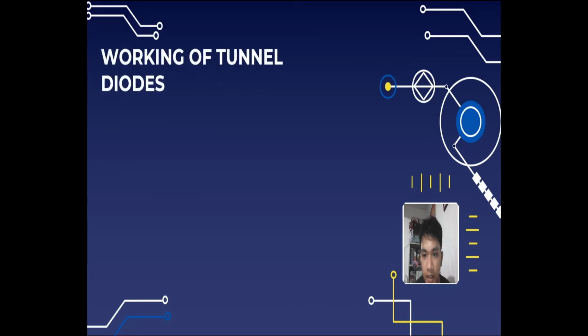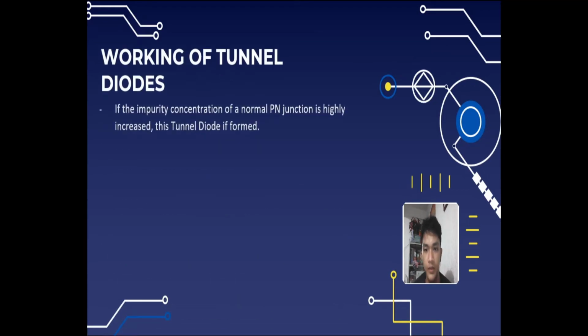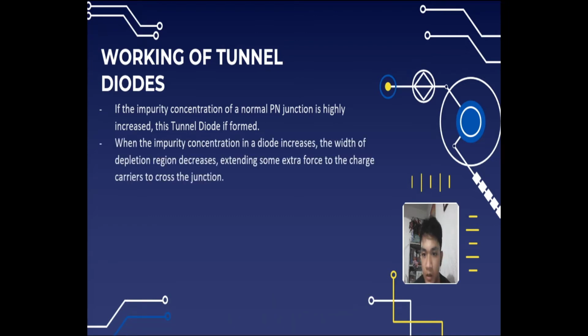Working of tunnel diodes. First, if the impurity concentration of a normal PN junction is highly increased, a tunnel diode is formed. When the impurity concentration in a diode increases, the width of the depletion region decreases, giving some extra force to the charge carriers across the junction.